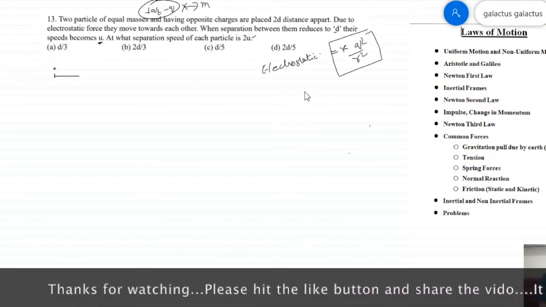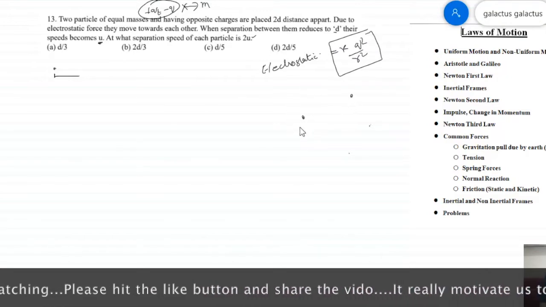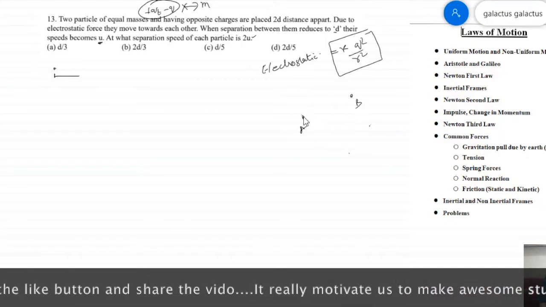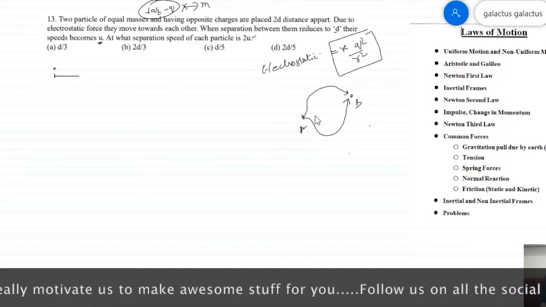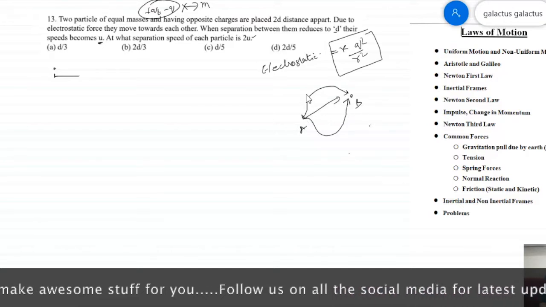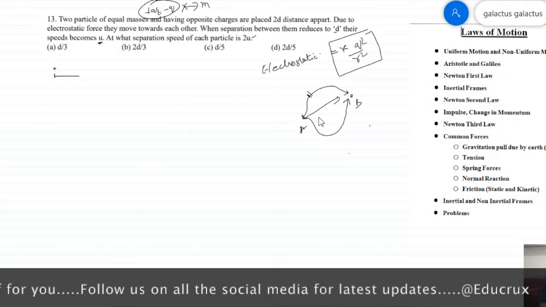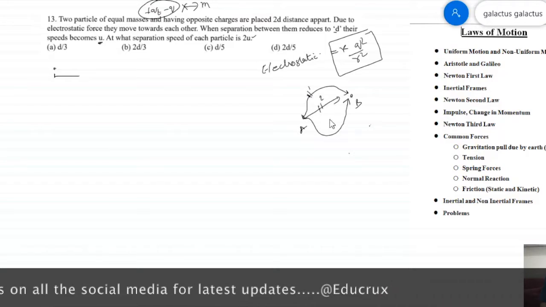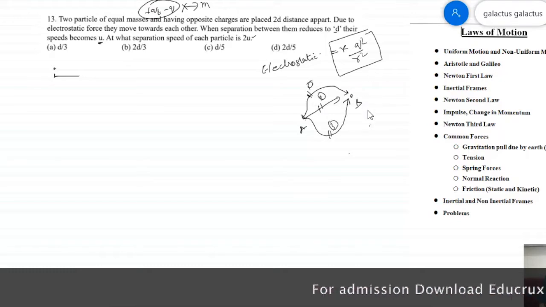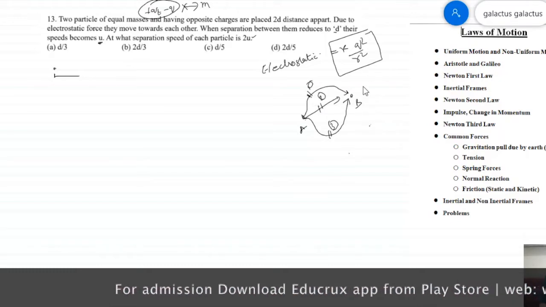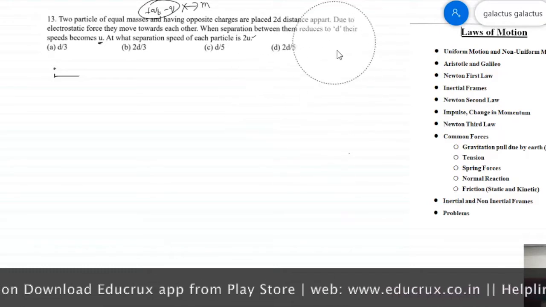In case of a conservative force, if I take two points A and B and I have to calculate the work done to take a particle from point A to B, in every case, whether I go from path 1, path 2 or path 3, the work done by the particle moving from point A to B will be the same, because in case of conservative force the work done is path independent.